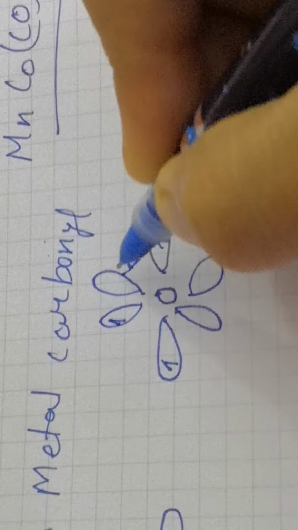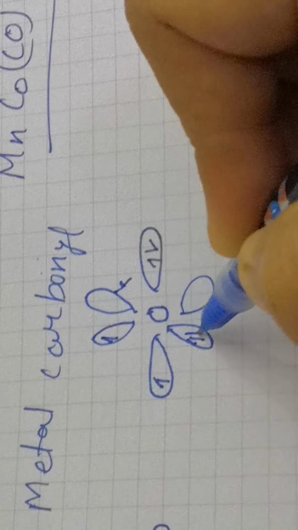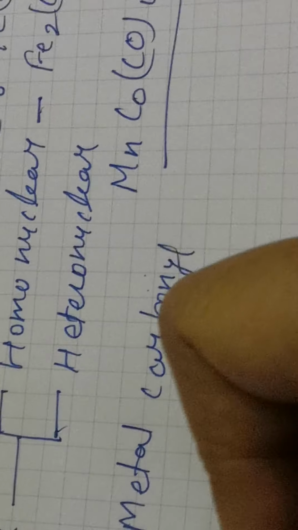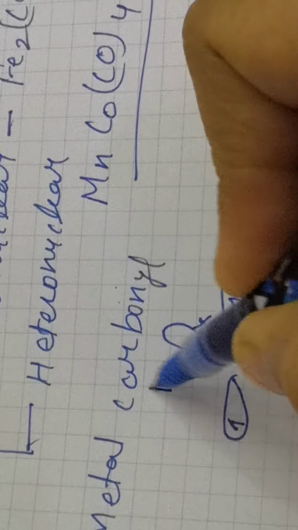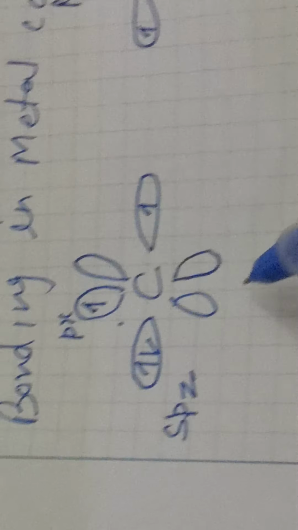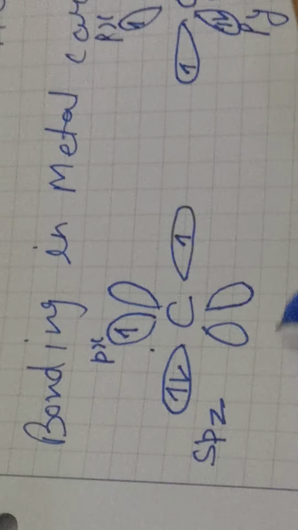In px and py, px has one electron and py has two electrons. Both have a singly occupied px orbital, and in oxygen the py orbital is doubly occupied, and in carbon there is no electron in the py orbital.